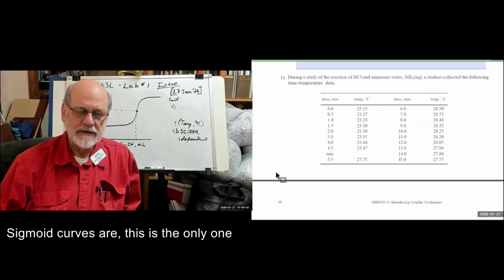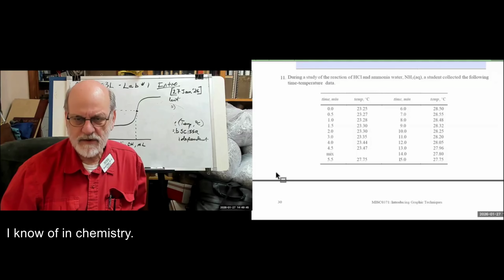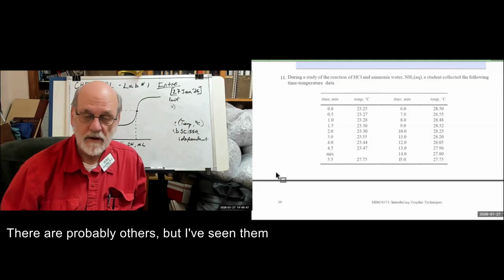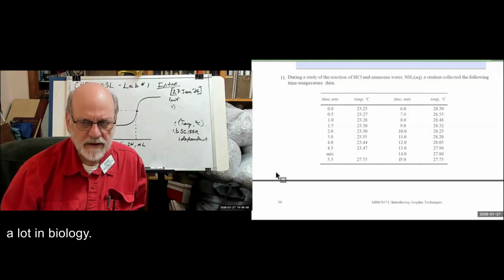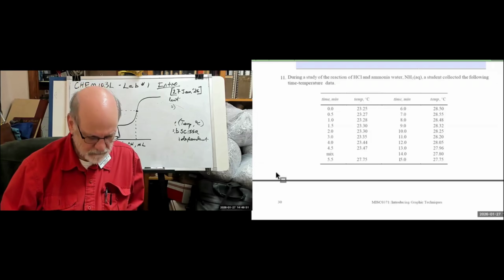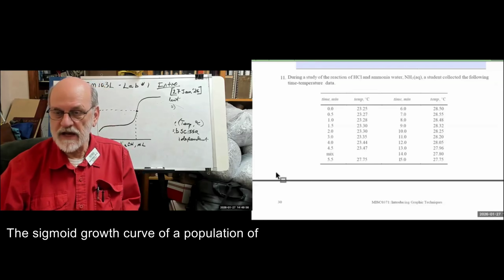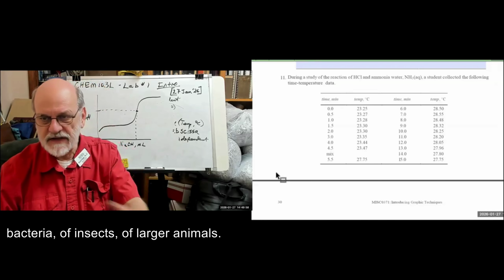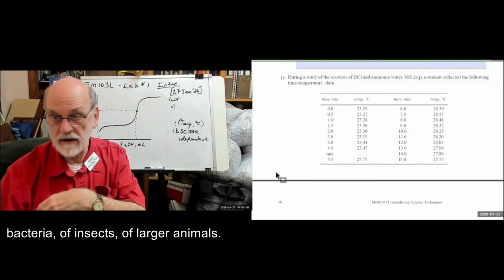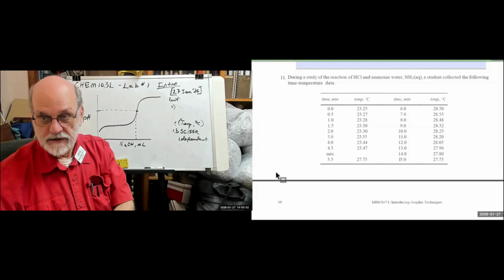Sigmoid curves, this is the only one I know of in chemistry. There are probably others, but I've seen them a lot in biology. The sigmoid growth curve of a population of bacteria, of insects, of larger animals.